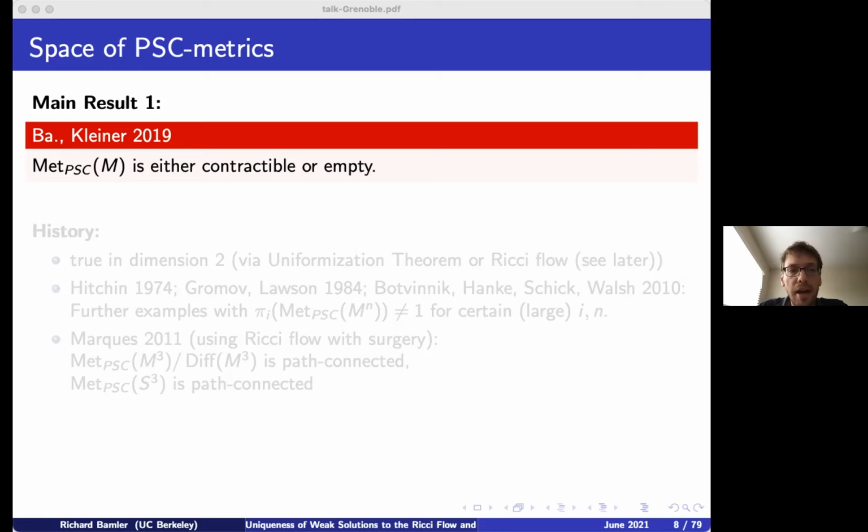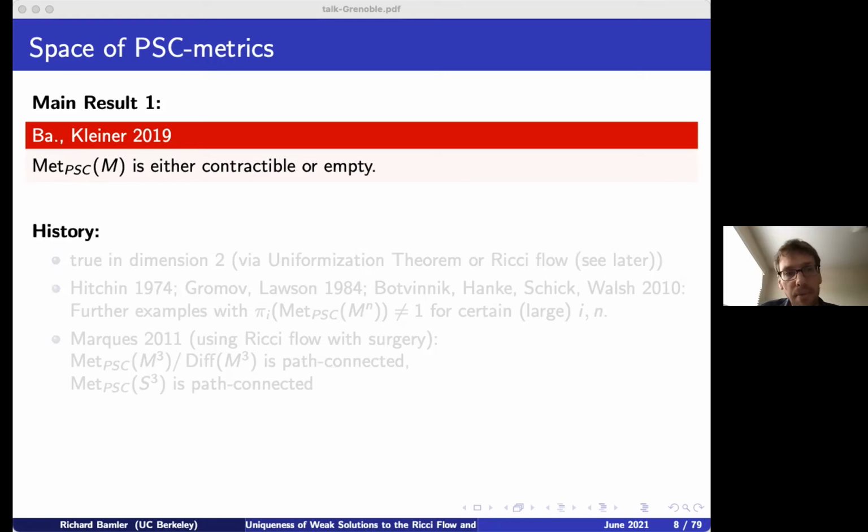Okay? So either M admits a metric of positive scalar curvature, such as the three-sphere or a spherical space form, and in this case the space is contractible, so it's trivial, or M does not admit a metric of positive scalar curvature, and then the space is empty. Okay? So this is the best possible result that you could expect.